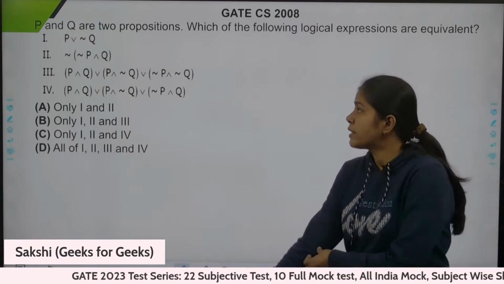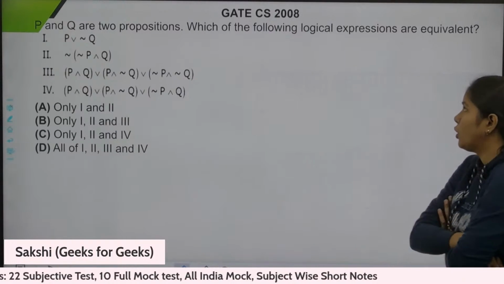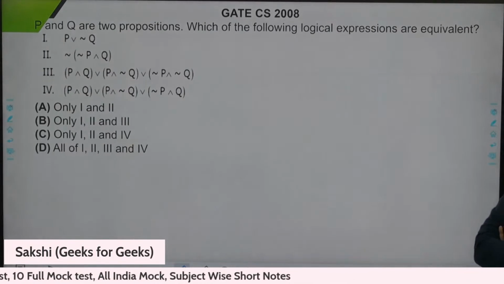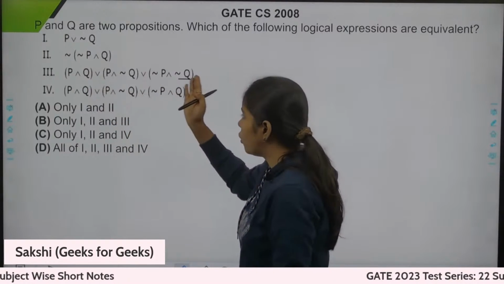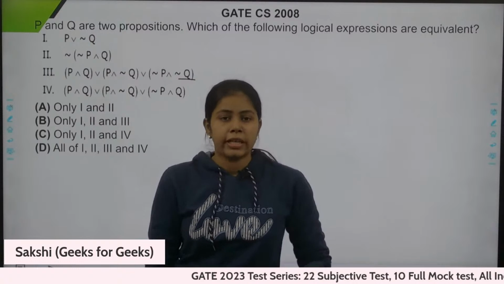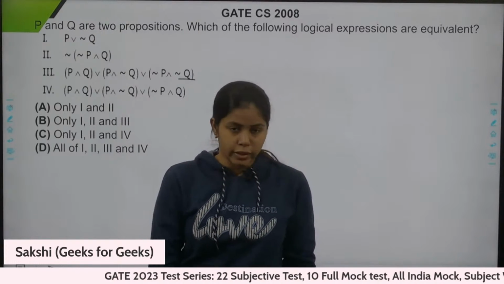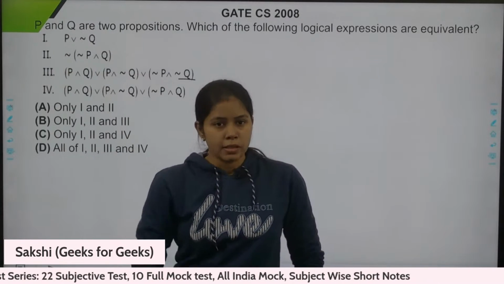Okay, so if you see here, they are saying that P and Q are two propositions. Which of the following logical expressions are equivalent? Okay, so you can see that they have given us a very long statement. If you try to solve it using truth table, that would be very difficult for us. So what would you do? You are going to use propositional equivalence laws.